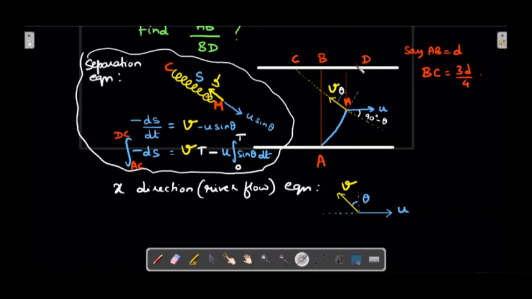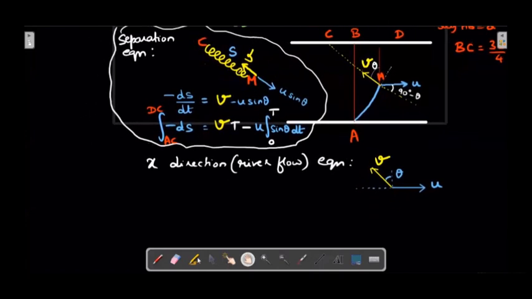Who is the responsible one for traveling BD distance? I would say U is completely responsible, but V sine theta in the reverse direction opposes that motion. So net-wise, U minus V sine theta integrated over time starting from A gives you BD distance. It's slightly difficult, so you may need to go back to this video, rewind and see what I was saying.